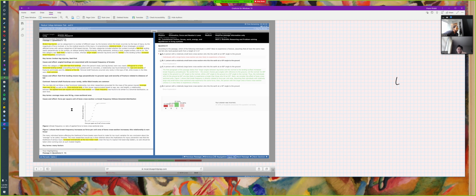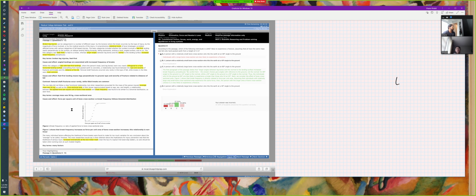So it should follow that if someone's bones have a greater cross sectional area compared to smaller bones, that force, that energy, is dissipated over a much larger area. So there's less pressure, and the bone is able to sustain that type of hit without becoming fractured.